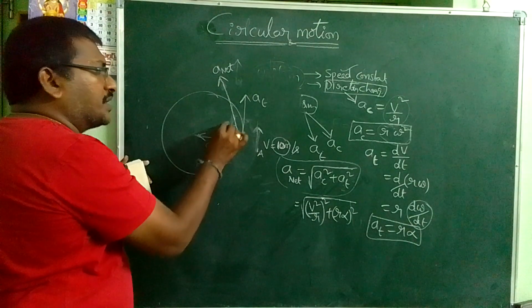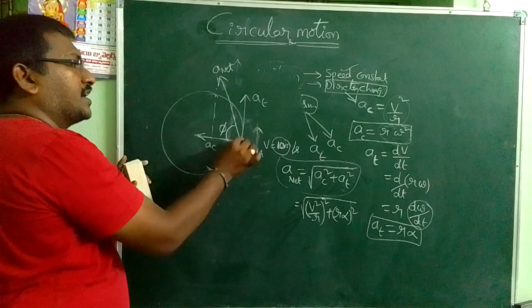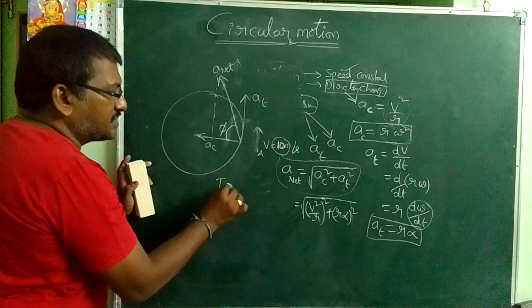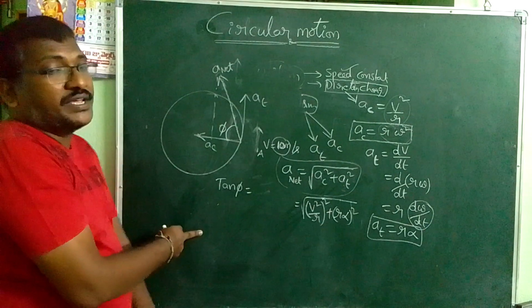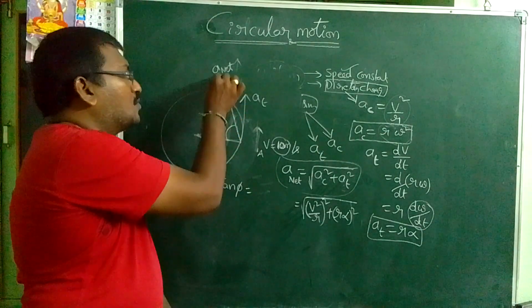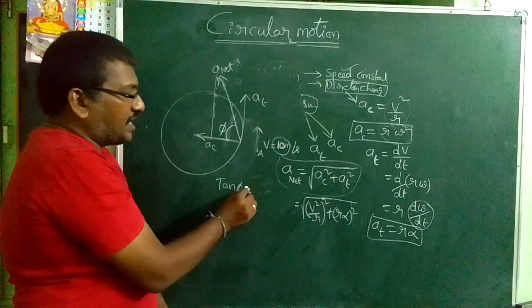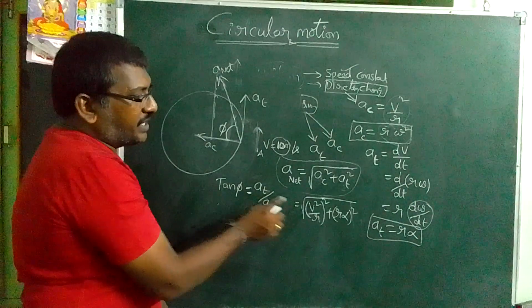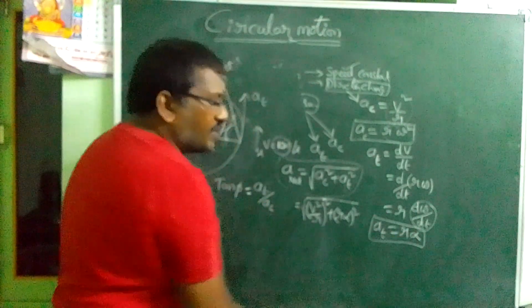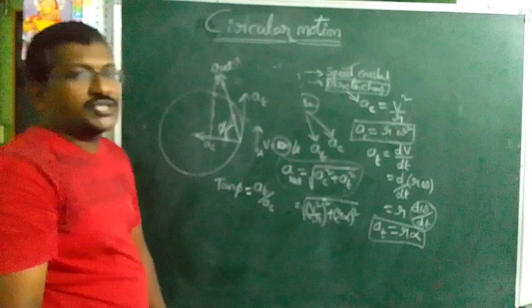If we take the angle here, we construct a right angle triangle like this. In this case, tan phi is equal to opposite by adjacent. Opposite means this one, adjacent means this one. So tan phi is equal to AT by AC. AT is r alpha, AC is r omega square, as you wish.